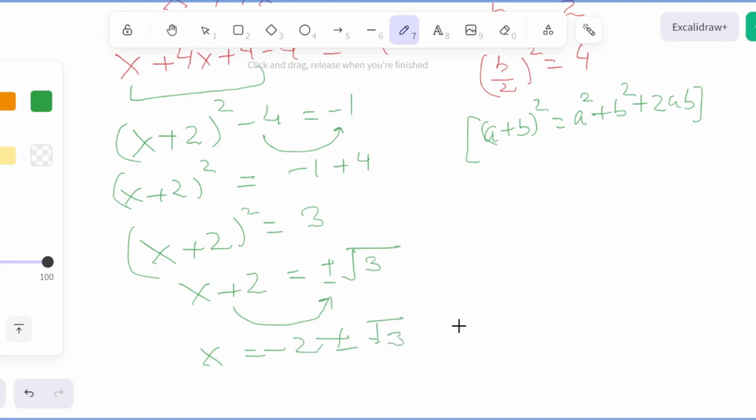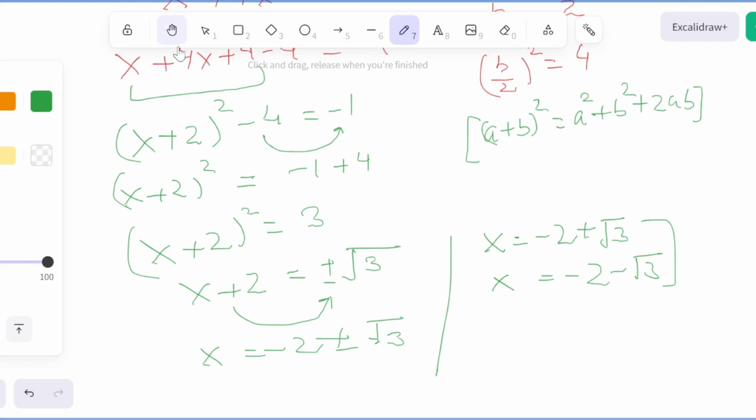So what are the two values of x then? One, you can take as plus root 3, and one we can take as minus root 3. So these are the values of x. So we solved this quadratic equation by the completing the squares method.